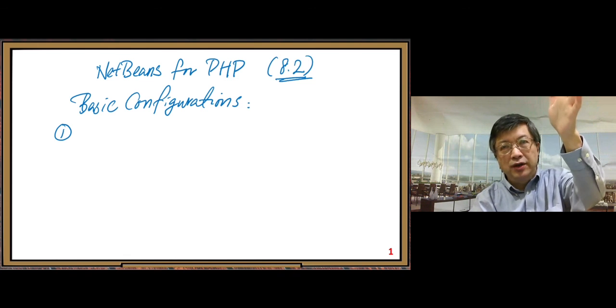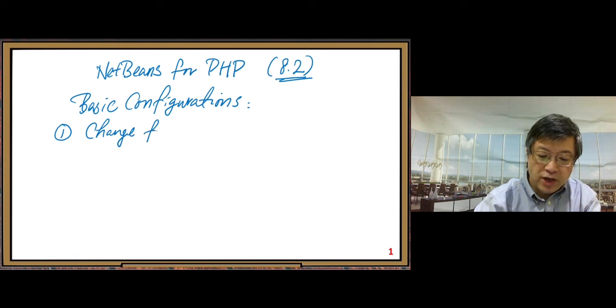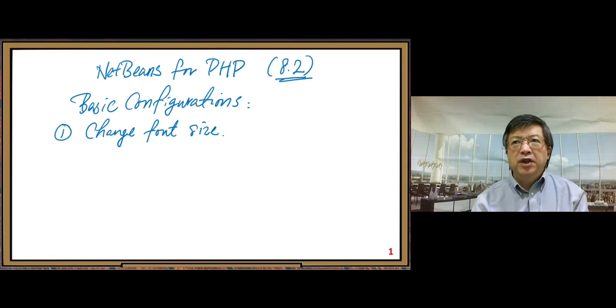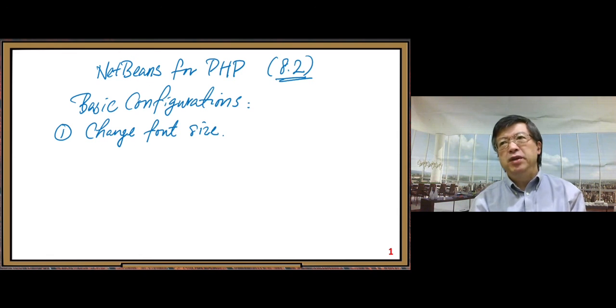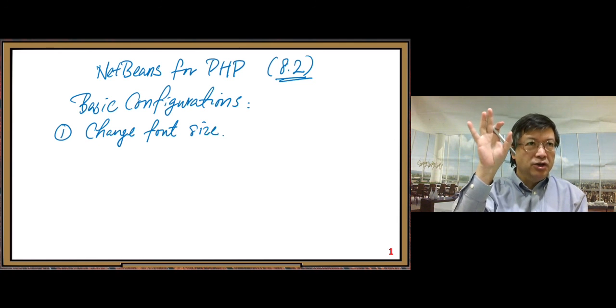When we start, the first thing is to change the font size. After I started, the font is too small for me. So I need to change the font size to make it a little larger.